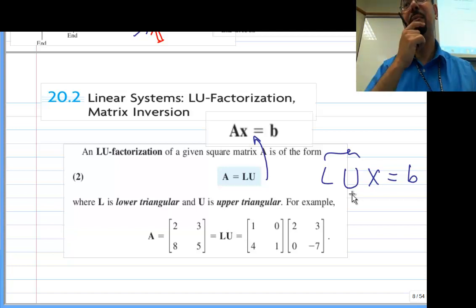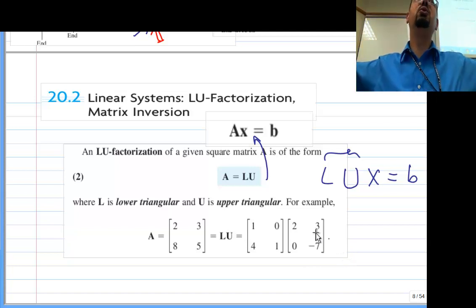Because the 1 is the solution in the lower, and -7 is the solution in the upper. Don't look at the numbers, just look at this formula. You might say there are only 2 rows.